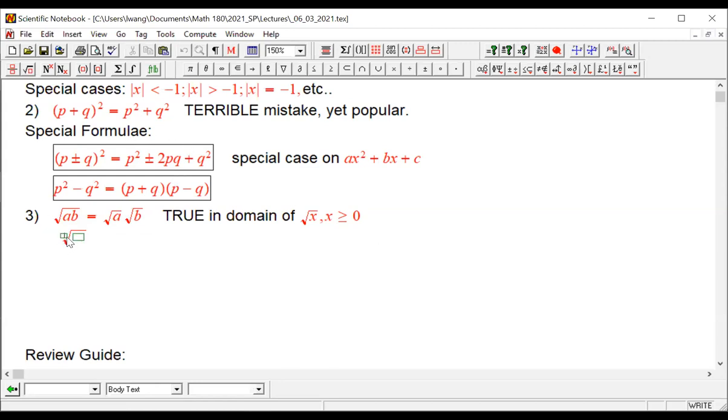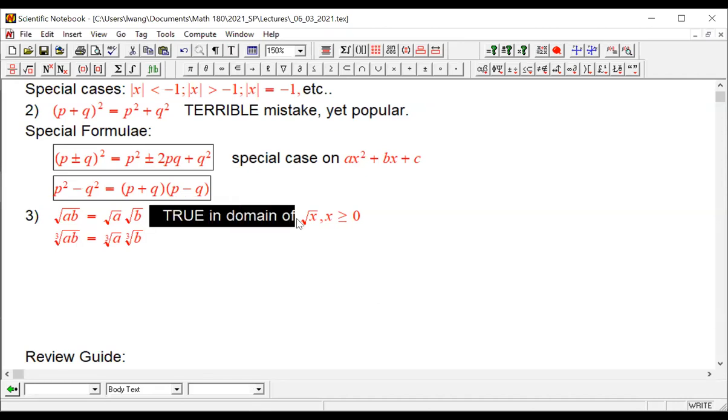So how about root 3, root 4? And this, of course, is true in the domain of the root 3 function.